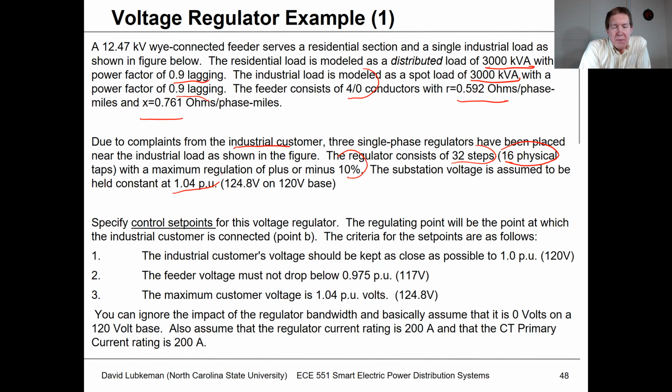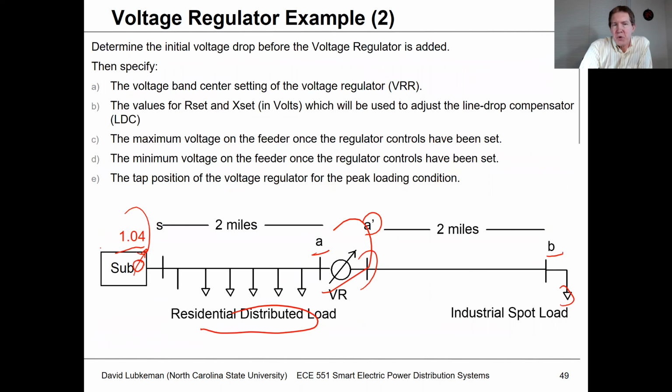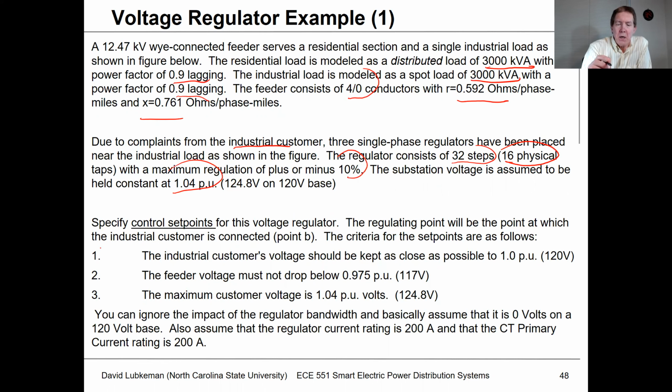We'll assume the substation is set to 1.04 per unit, which on a 120 volt base corresponds to 124.8 volts. Once we've done the baseline and added this regulator, I want to come up with the control settings for this voltage regulator.